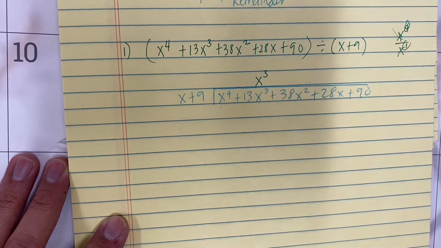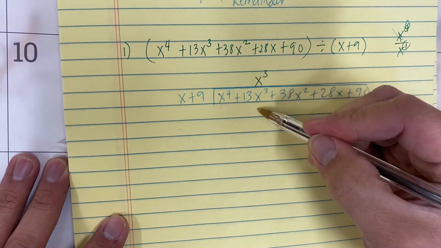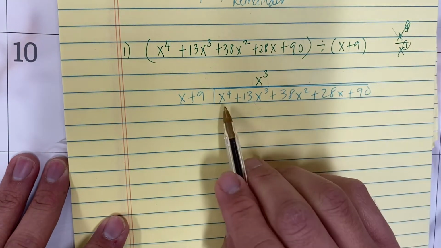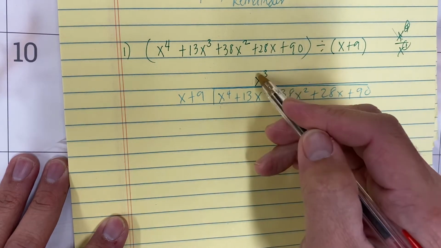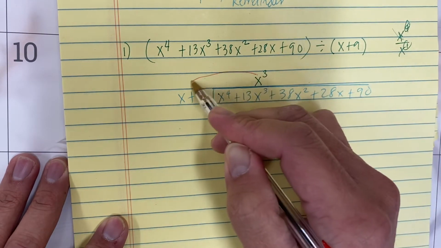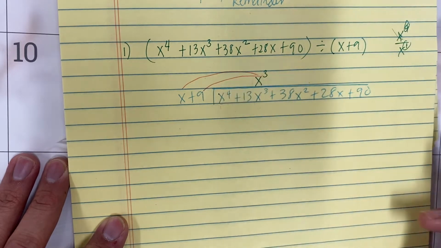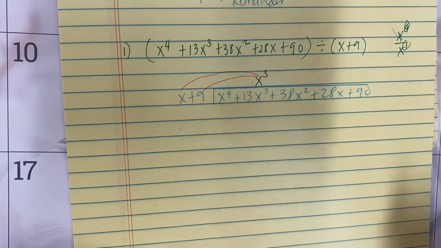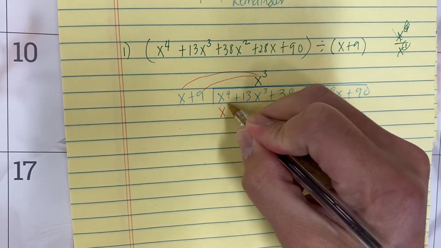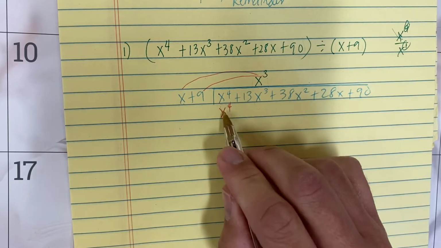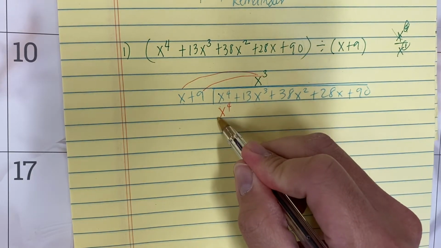Okay, and then if you notice, I align it on the x to the 3rd. Then you multiply the x cubed here and there. So that will give us, what's x cubed times x? X to the 3rd times x will give me x to the 4th. They will always be the same as long as you do it right.